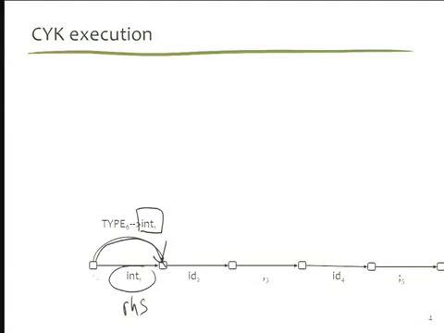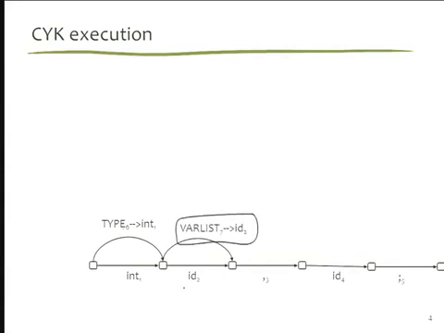This part of the input from here to here can be derived from this non-terminal. How do we know? Well, we have found an int, and int is on the right-hand side of that. So this entire thing from here to here is derivable from this non-terminal. How about this? A single variable is a variable list because there is a production in the grammar that says so, and we have found an ID between here and here, so we place this edge.